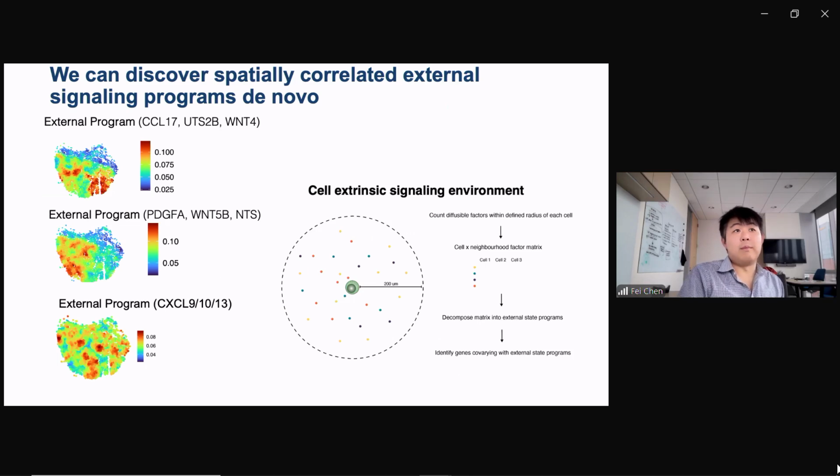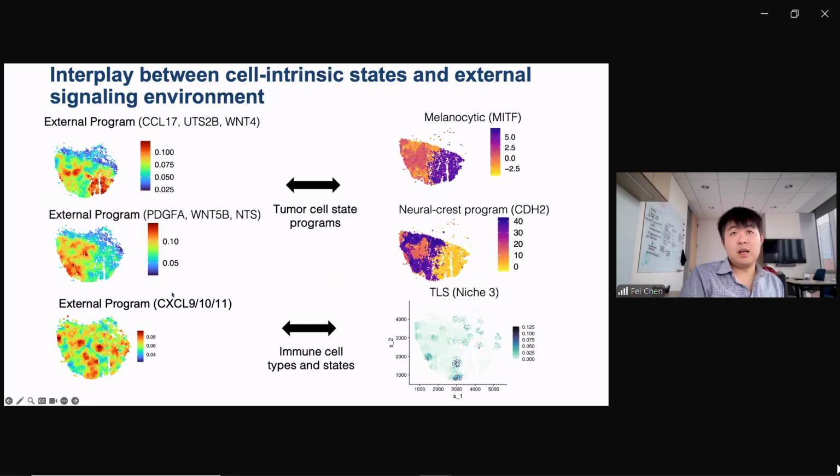So here are 3 signaling programs. It turns out that 2 of these signaling programs are associated with these 2 tumor populations. The neural crest-like program, this dedifferentiated state, has a lot of neurosignaling ligands as well as Wnt and PDGFA.